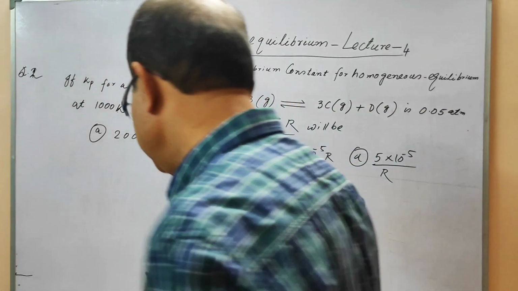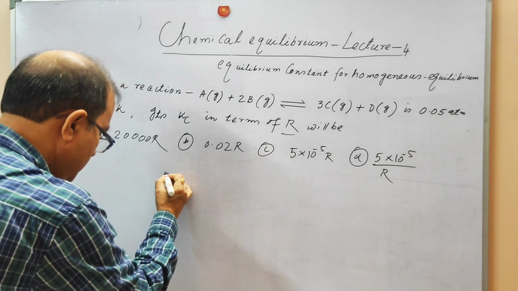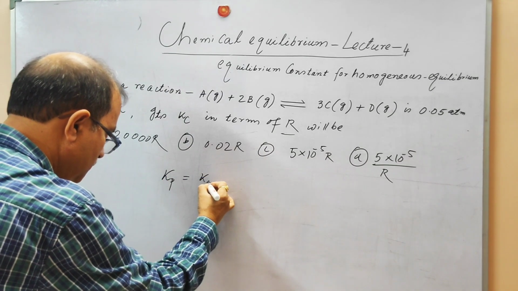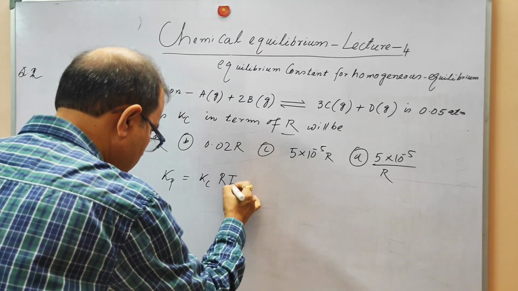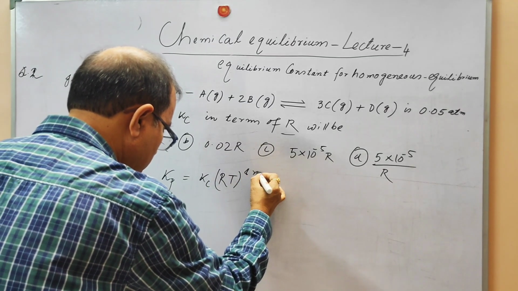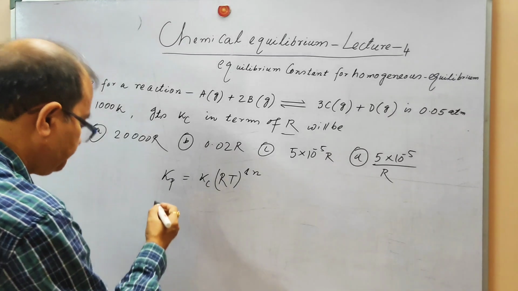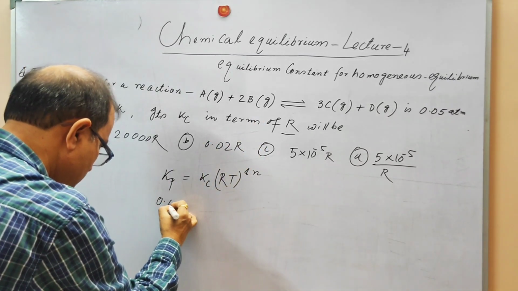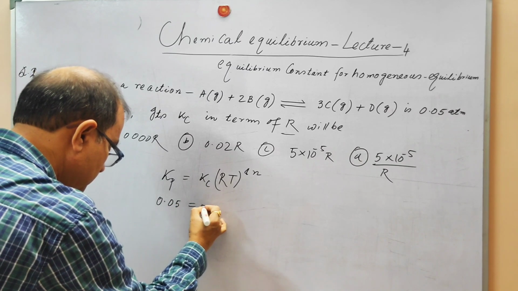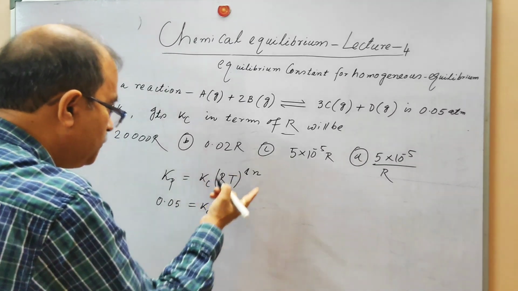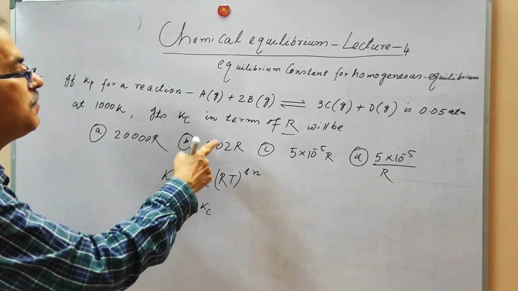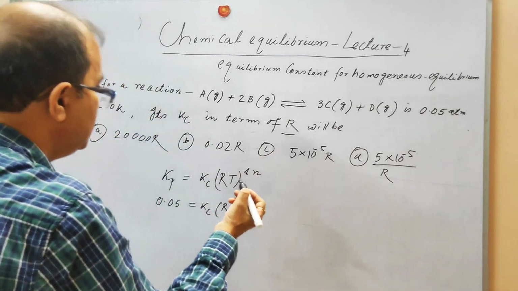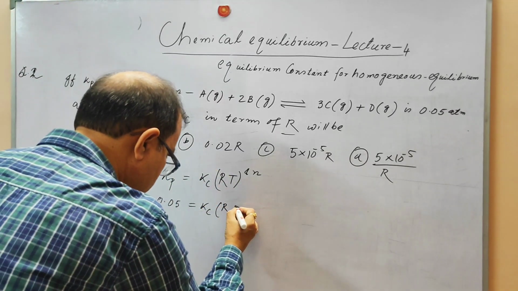This can be easily solved from Kp is equal to Kc RT to the power del n. Kp is given here as 0.05 atmosphere. We have to express Kc in terms of R, so R will be kept as it is. T is given here, 1000.